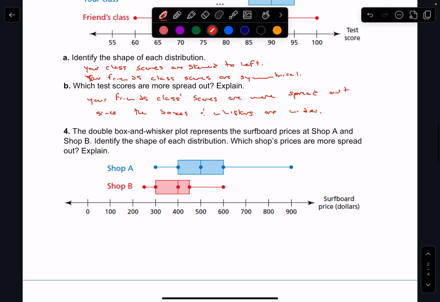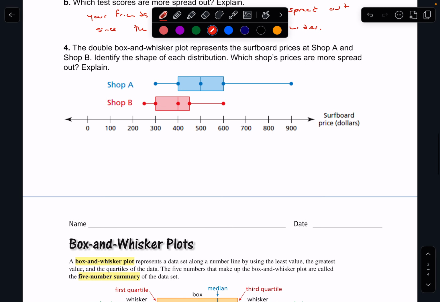Okay, let's look at a different situation. You've got Shop A that makes surfboards and Shop B that makes surfboards, and these are their prices of boards. So it looks like Shop A has a lot bigger variety of prices. Shop B, their boards are cheaper, they're lower in cost, and they're a lot more close together. The prices are a lot more close to each other.